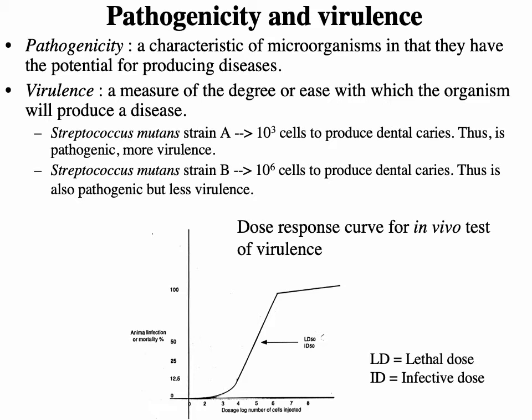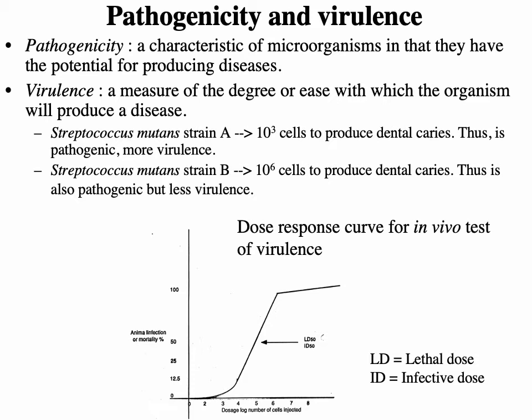This is actually derived from experiment, in terms of the degree of virulence, or whether it is pathogenic or not. So you set up an experiment. This obviously is an animal experiment; you cannot do that in humans.